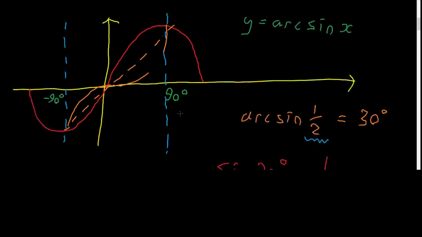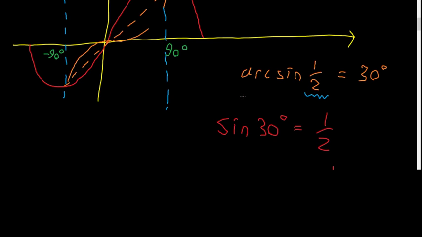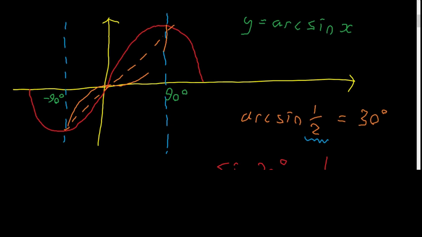Just look at what sine did, and we're going to do the opposite. It's going to be here and here, a small segment, just like this. On this axis it's going to be 1 and minus 1, and on this axis this will be 90 degrees, and this will be minus 90 degrees. And that is inverse sine, the inverse function of sine, or arcsin. So now I've introduced that, by definition, the inverse function of sine.